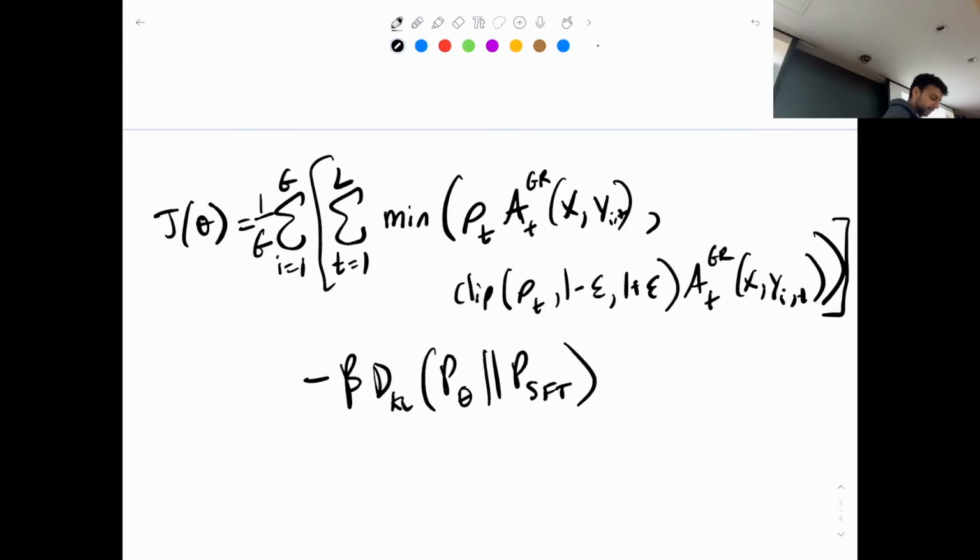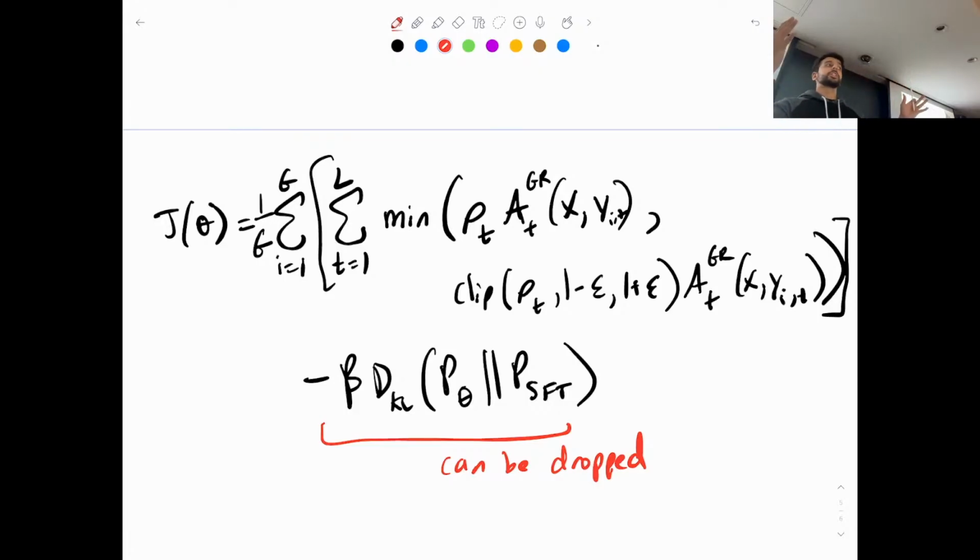And again, this thing can be dropped in many cases without contributing to quality loss. So if you drop this term, it basically is encouraging more exploration of different outputs without tying the model down to the SFT model.